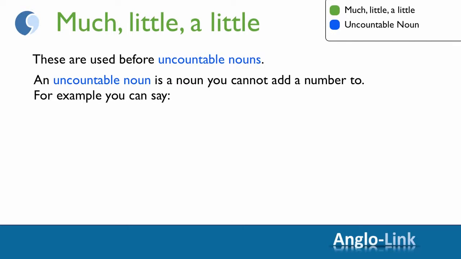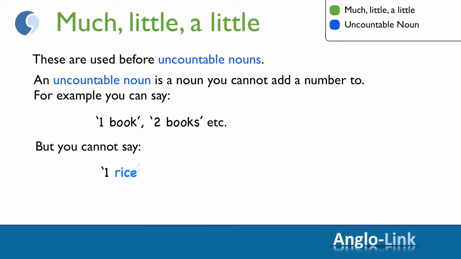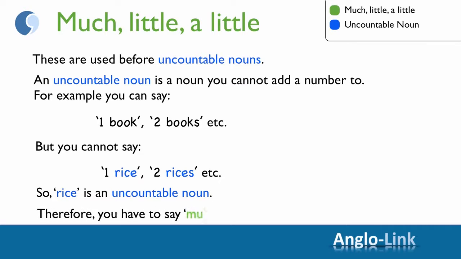For example, you can say 1 book, 2 books, 3 books, etc. But you cannot say 1 rice, 2 rices, etc. Rice doesn't take a plural. So rice is an uncountable noun. And you have to say much rice, not many rice.